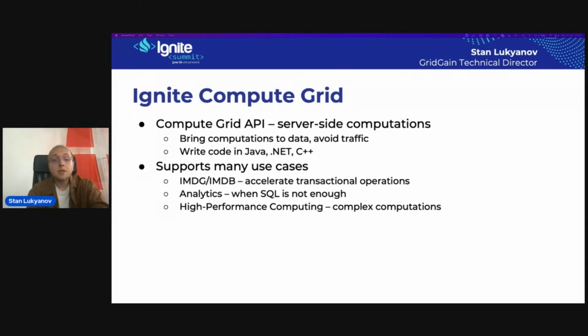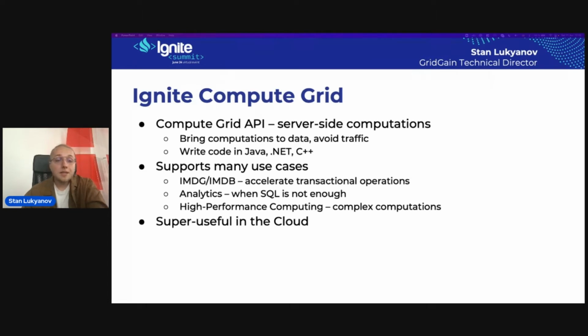And there is also a whole world of high performance computing, which is all about the most complex computational algorithms that require a lot of power, and high performance computing use cases bring the power of a distributed Ignite cluster to focus the cluster resources on solving a particular computational problem.